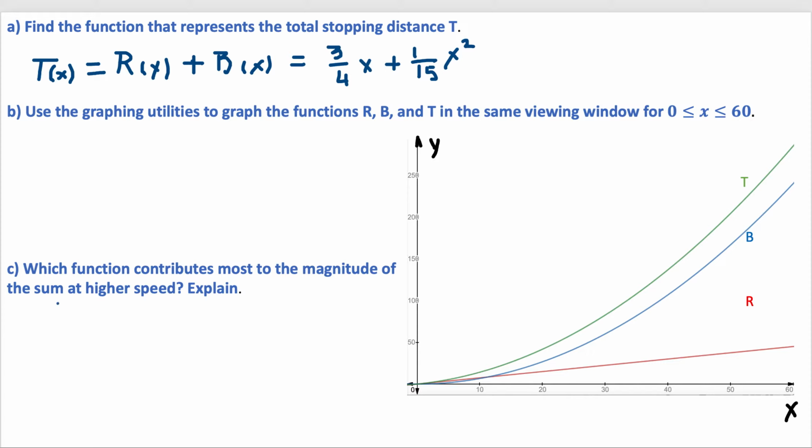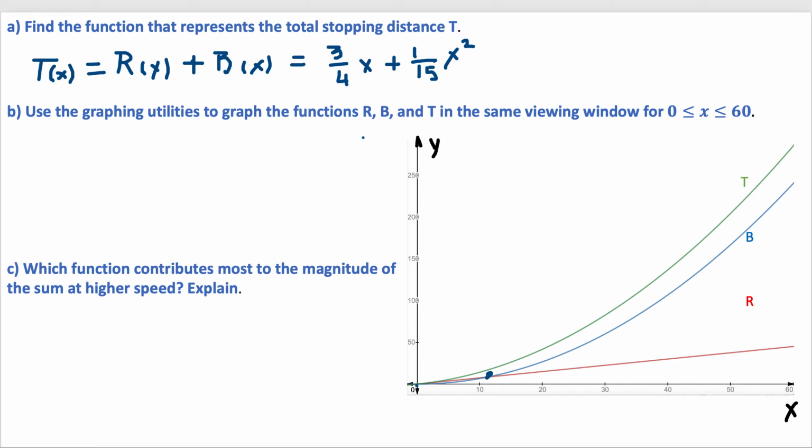Now C says: which function contributes most to the magnitude of the sum at a higher speed? Explain. It doesn't say in what interval. But if we take R of x and B of x and want to find the points of intersection, one point is going to be at 0 right here, and the other is somewhere here.